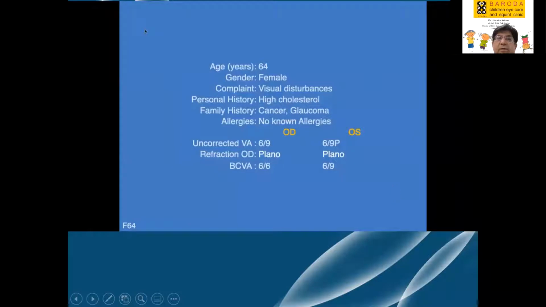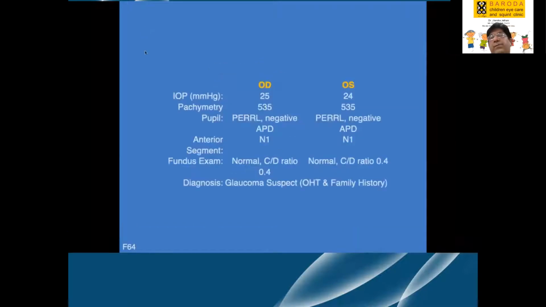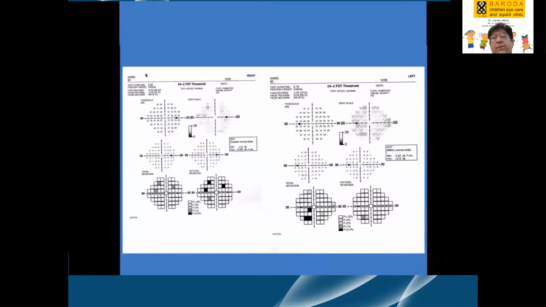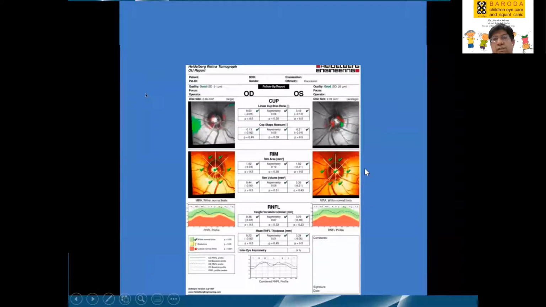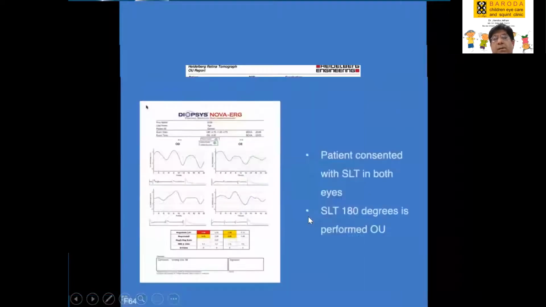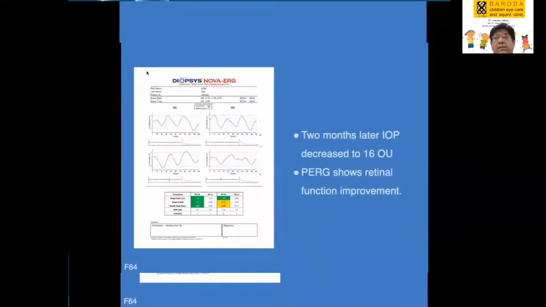And this is another similar patient with complaints of visual disturbances, IOP 25 and 24. So the patient was ocular hypertensive. Visual field doesn't show much change. This is the OCT, and this was the pattern ERG, and they did SLT 180 degrees in both eyes.